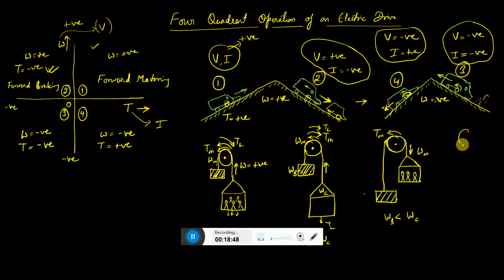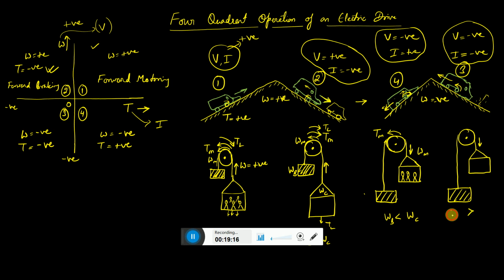And when we explain quadrant 3, here we have to take that empty cage. So the empty cage is to be lowered down with a balancing weight on the left hand side. Now this empty cage, if I leave it also, it will not go down. It is not possible to go down because this is lighter.